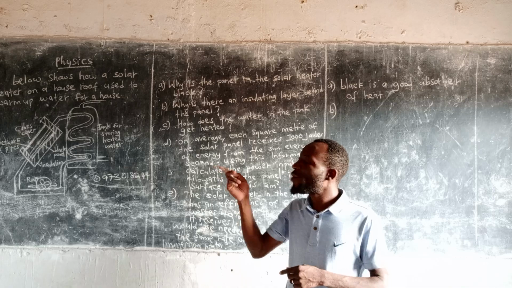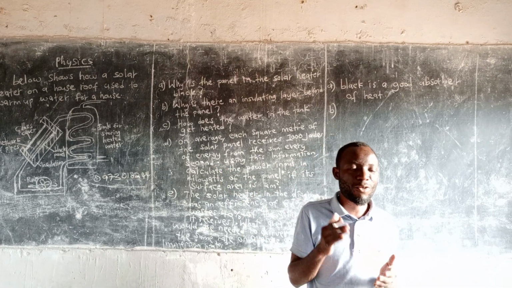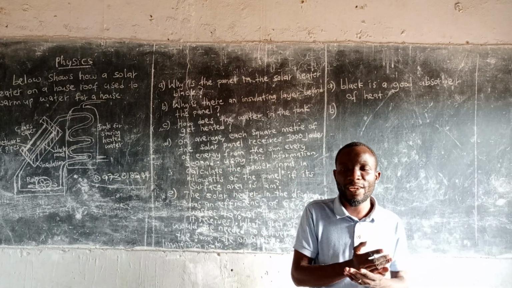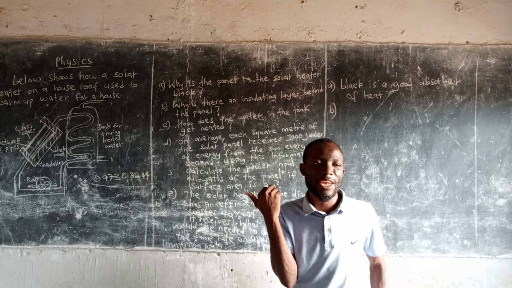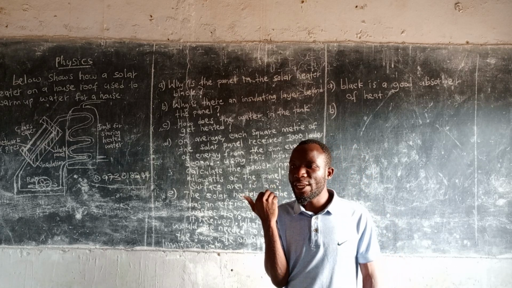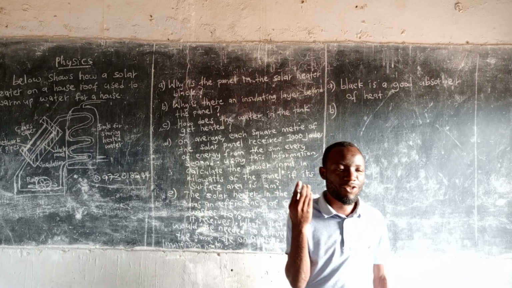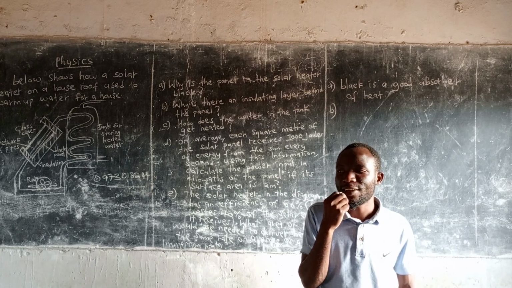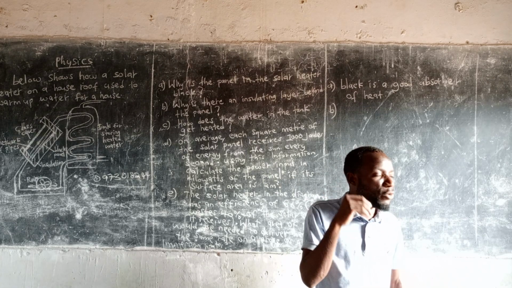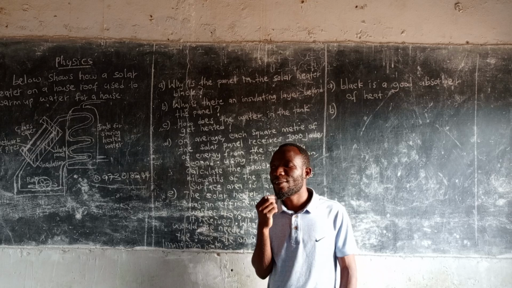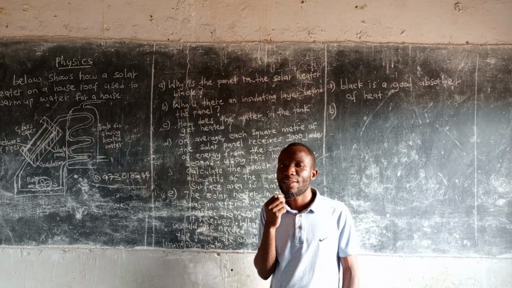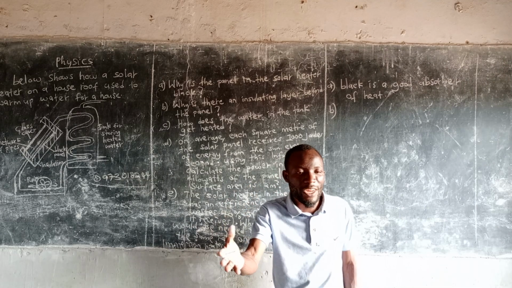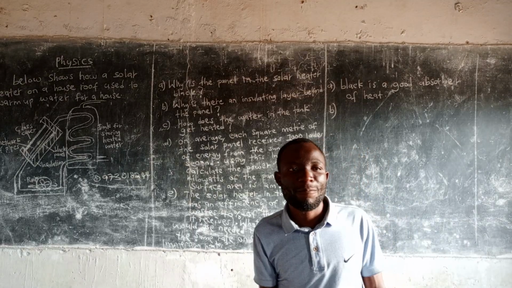When we went through this topic, conduction, radiation, and convection, you learned conduction and insulator. So my question is, what is an insulator? If you remember the topic, what is the other name for insulator? Maybe that way it could be easy.